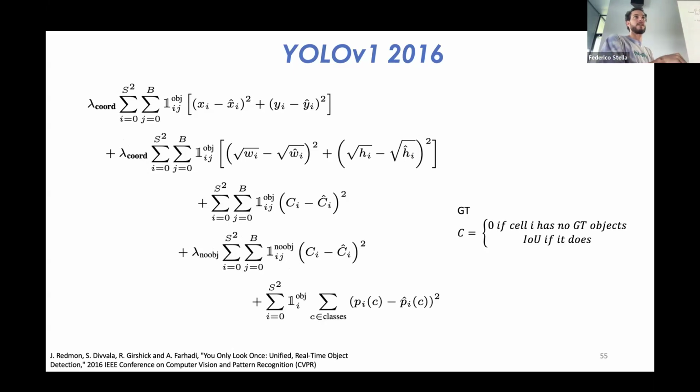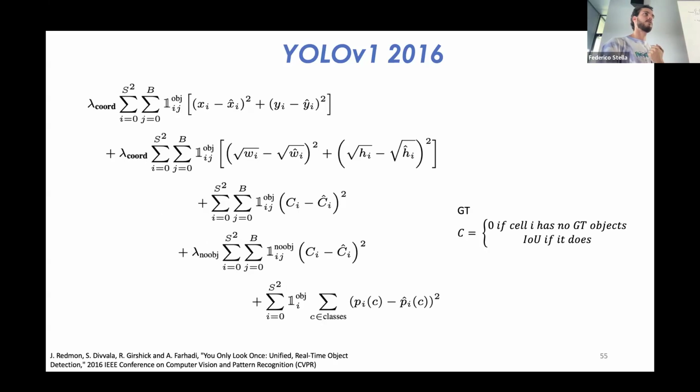It's only one cell that has the center of the object. So they have to use a small lambda no obj here to have this part of the loss contribute a little less. Otherwise, it was too impactful. And the same for the coordinates. This is just a scaling. I don't remember if they had to increase it or decrease it, but it's just to scale it so that it makes sense with the rest of the loss.